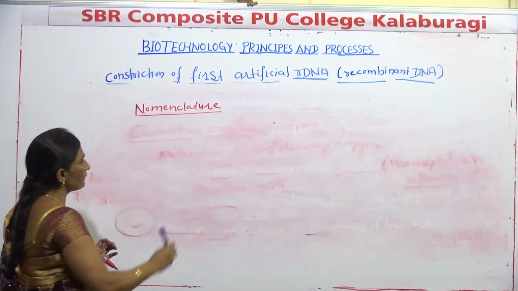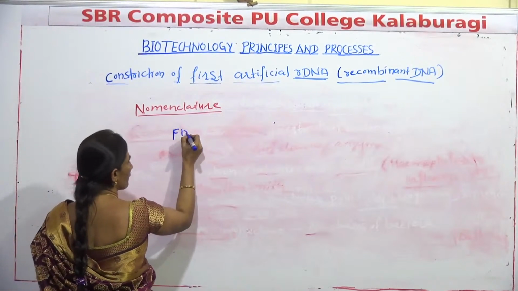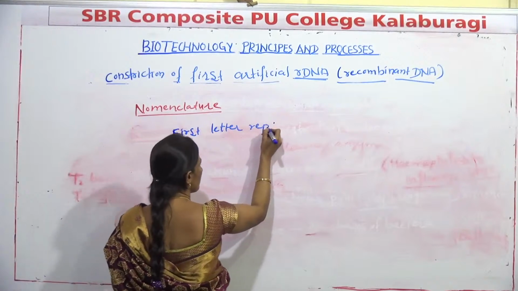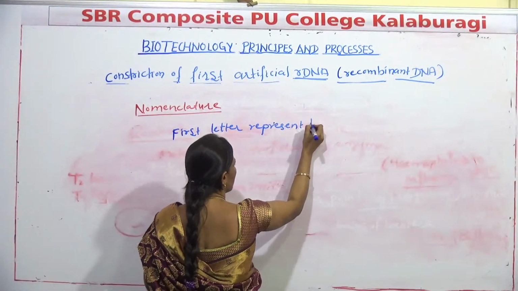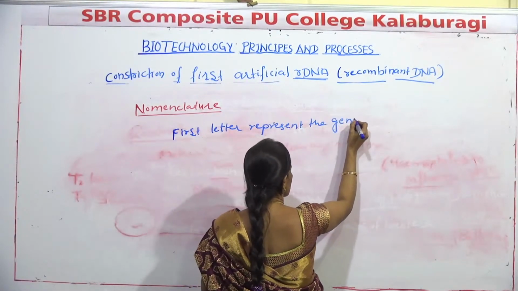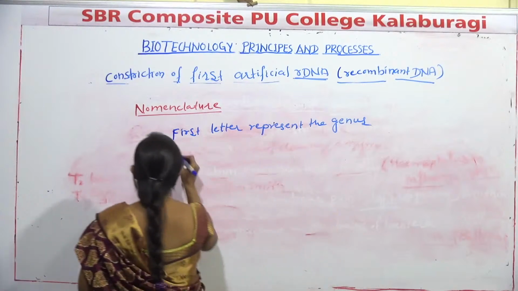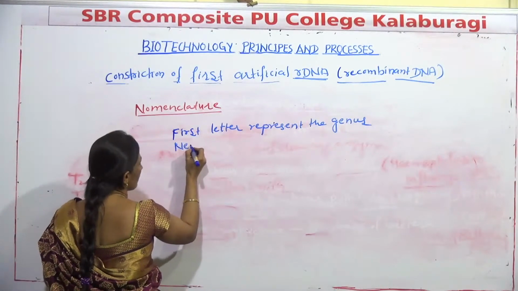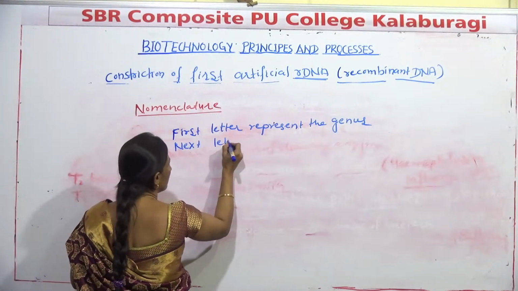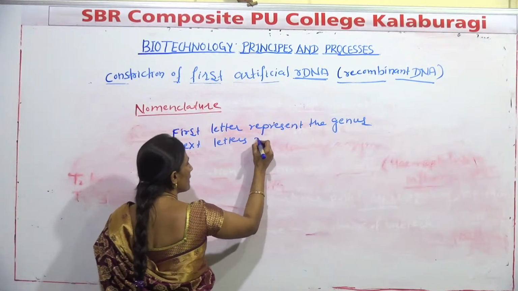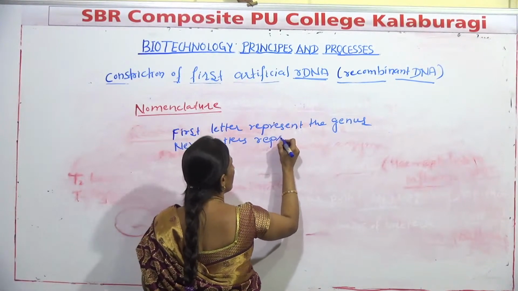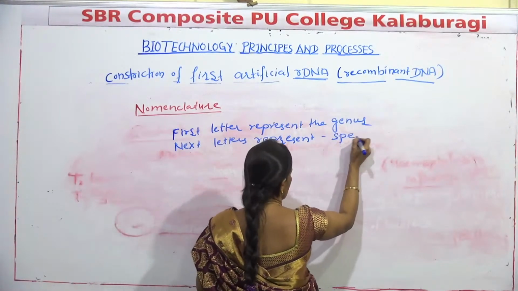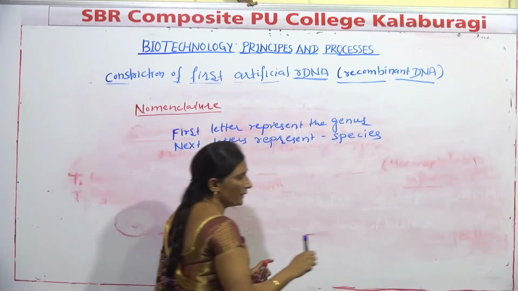The first letter represents the genus. The next two letters represent what? The species.